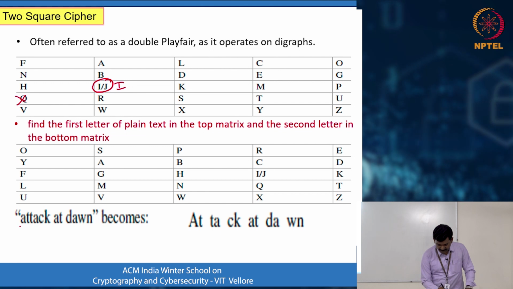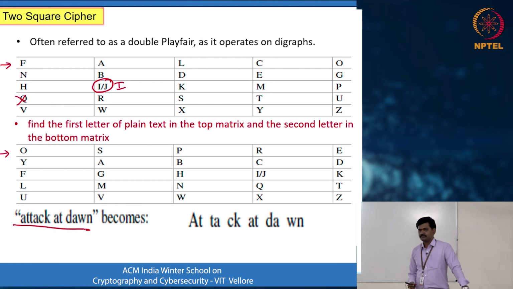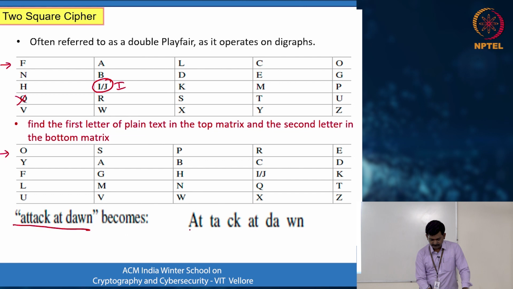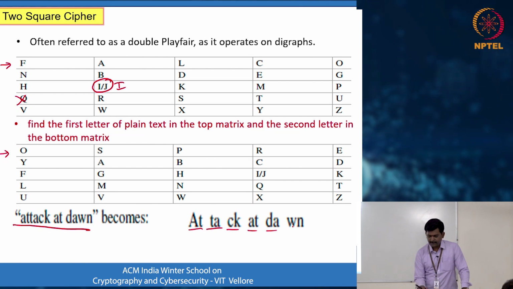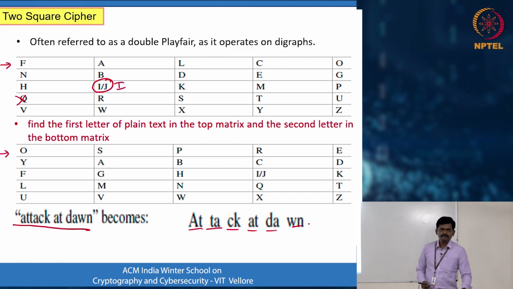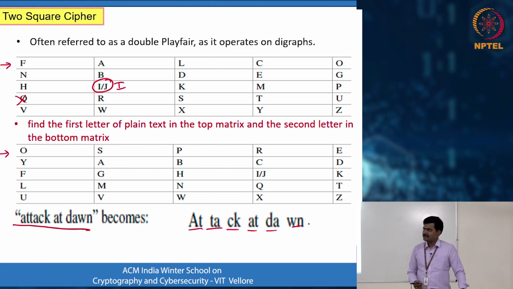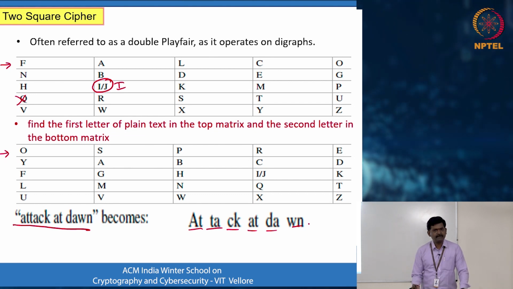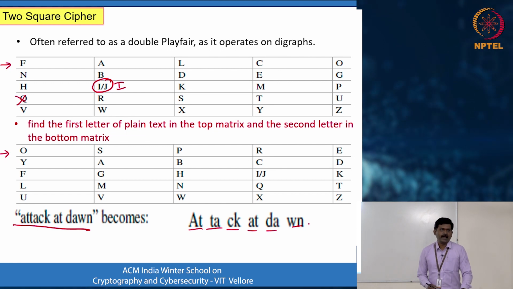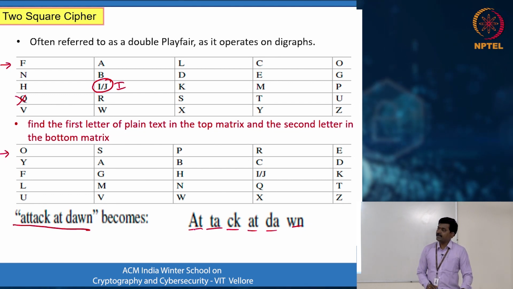So now the point is, you have the first matrix, then the second matrix. Now you have your plain text, attack at dawn. So how do you do it? First, divide into pairs, two alphabets. Then I need to encrypt. What does the rule say? First letter of the plain text in the top matrix. Where is it?